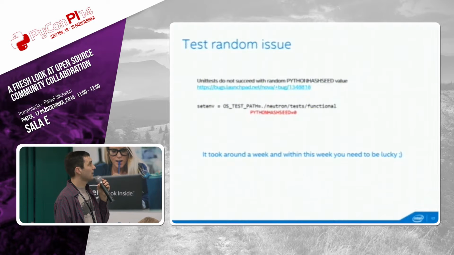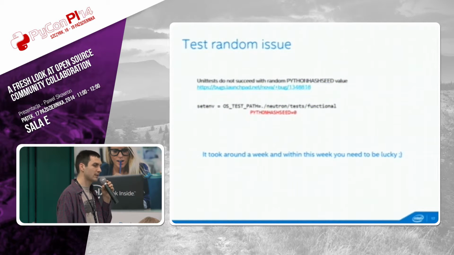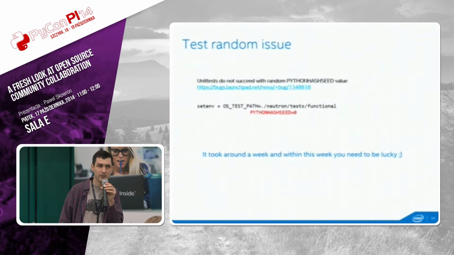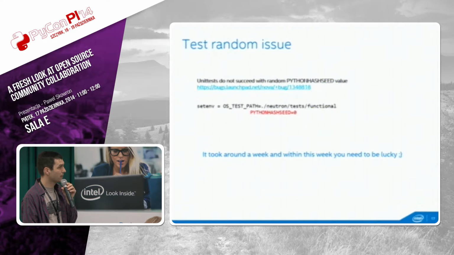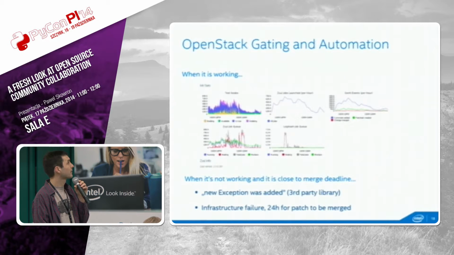But it happened that the commit which removed this line succeeded by chance, and then the next commits didn't succeed because hashes were generated without a fixed seed, and then you had to be really lucky to have your code merged. So again, an example where simultaneous activities can disturb your project.